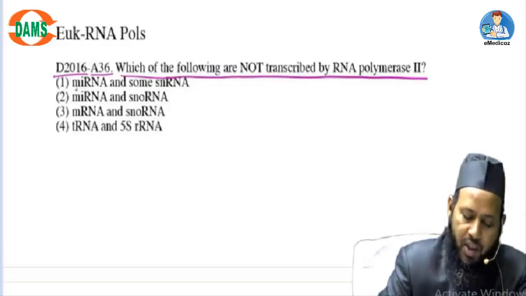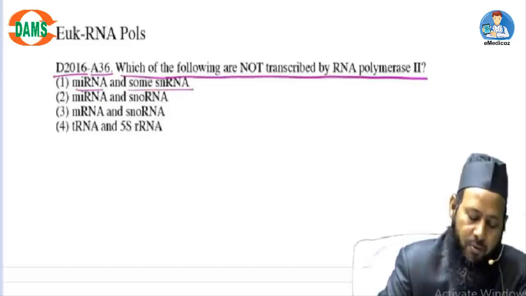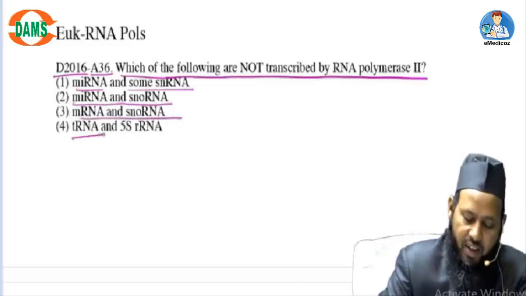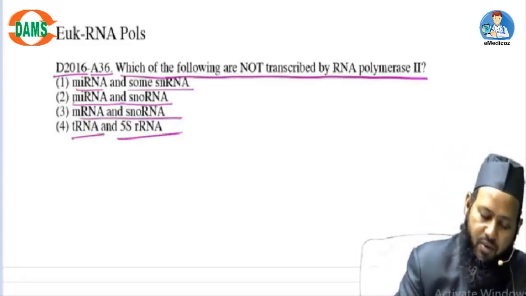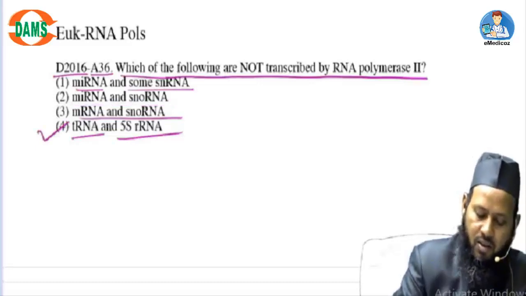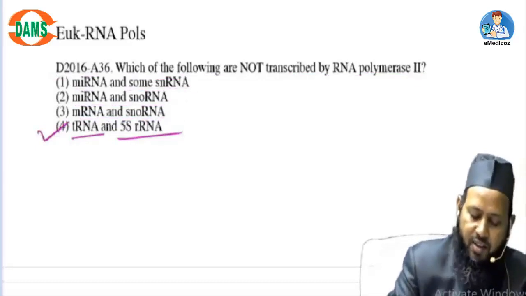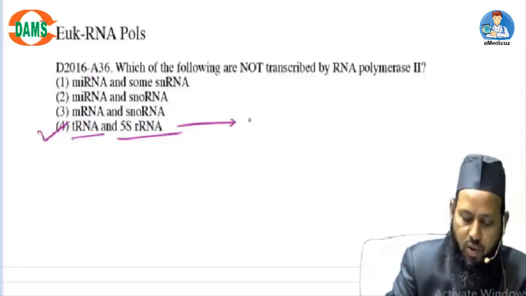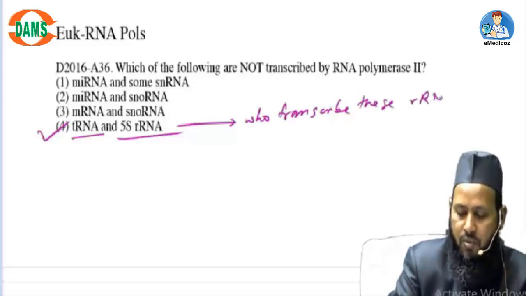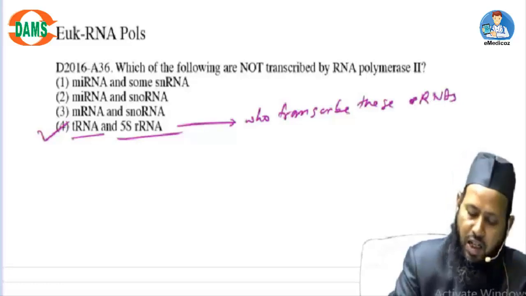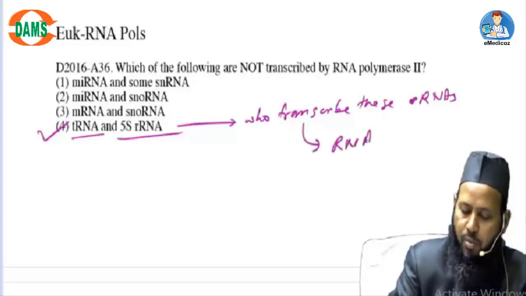Alright, so which of the following are not transcribed by RNA polymerase 2? miRNA and snoRNA, no. mRNA and snoRNA, no. tRNA and ribosomal RNA. Okay, so basically this will be the answer. And if I ask who transcribes these RNAs, the answer should be RNA pol 3.